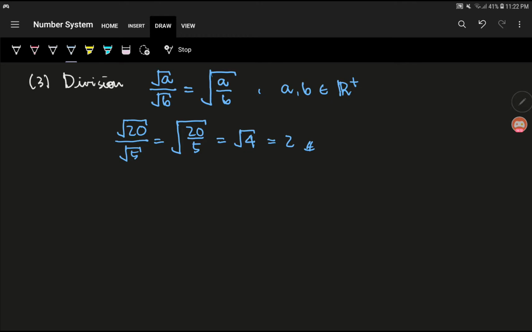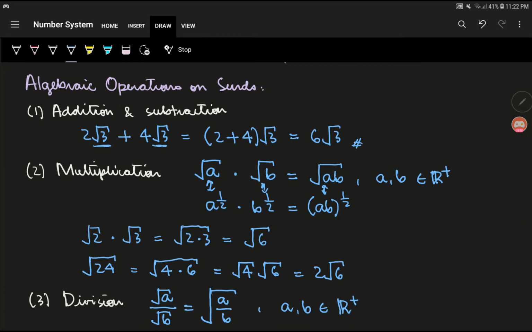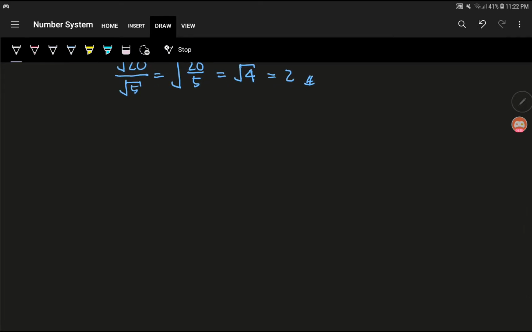Okay, so that is algebraic operation on surds. Again we take some example that combines all three of these rules.